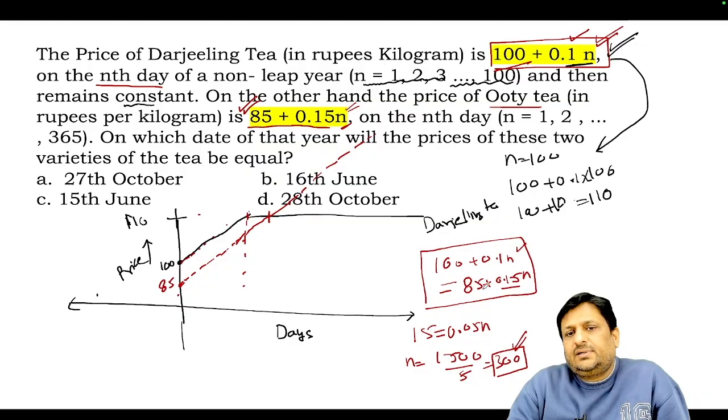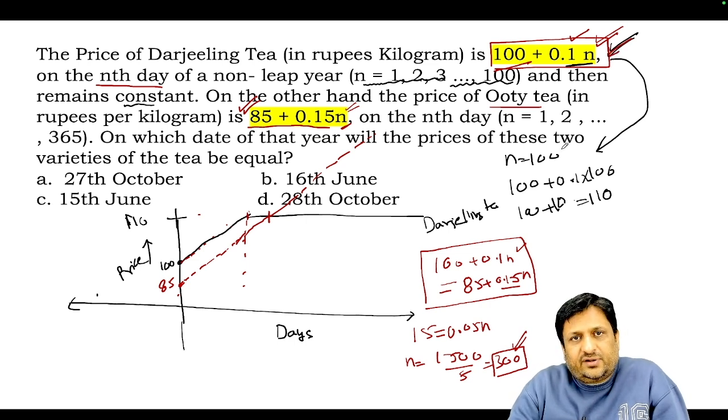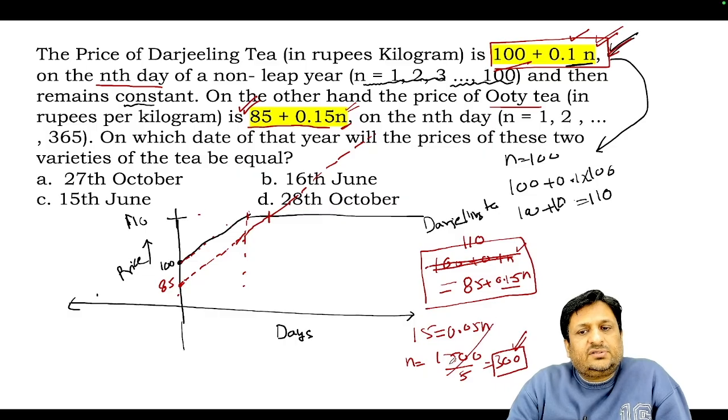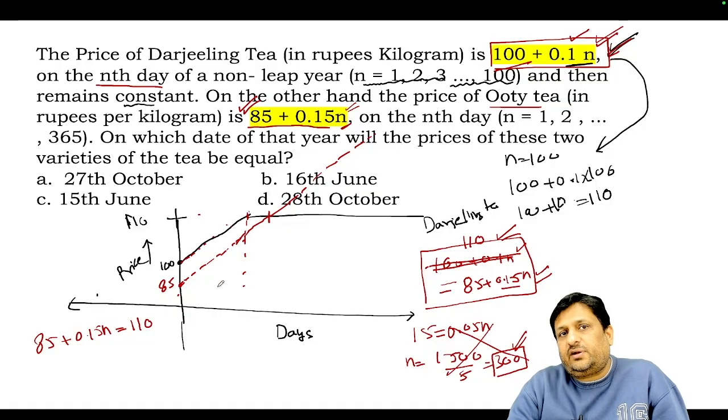The problem here is that after 100 days, the price of the Darjeeling tea becomes constant. It is not going to increase forever after 100 days. So if n is more than 100, it should not be this, it should be 110 only, isn't it? So in that case, this is not the correct answer. If the intersection is going to be after 100 days, then the price of OTT, 85 plus 0.15n, must be equal to 110, because the price of Darjeeling tea has become constant after 100 days.